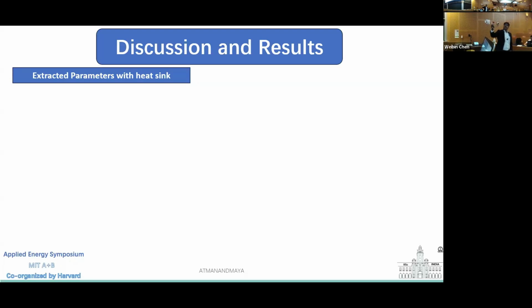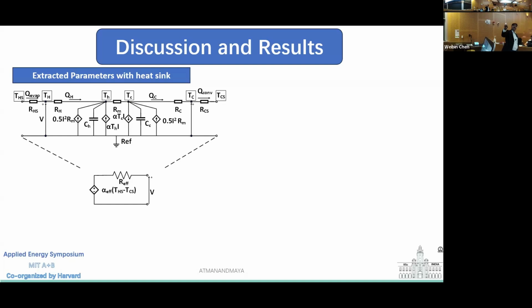In the discussion, finally I need to have this voltage parameter so that I can practically measure it, and from this voltage parameter I can define the effective Seebeck coefficient and effective resistance, so that again the coupled temperature difference I can get from the electrical parameter.